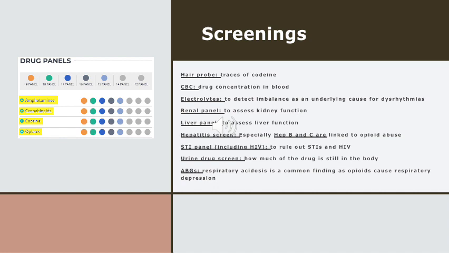Hepatitis screen, especially Hep B and C, which are linked to opioid abuse. STI panel, including HIV, to rule out those diseases. Urine drug screen, how much of the drug is still in the body. ABGs, to determine respiratory acidosis, a common finding as opioids cause respiratory depression.